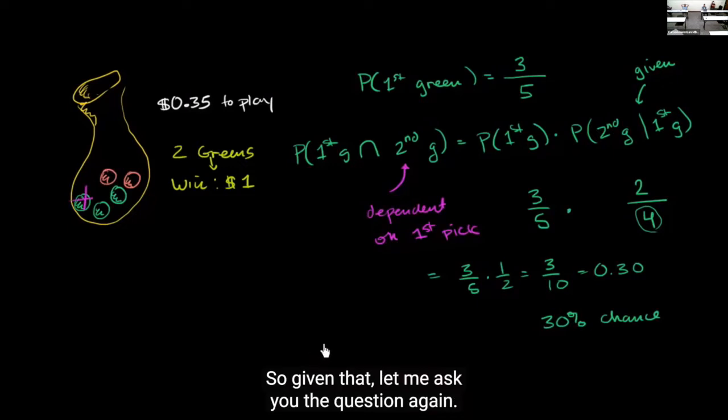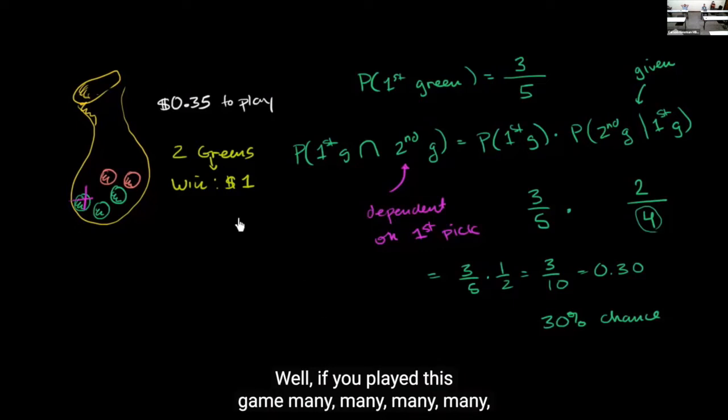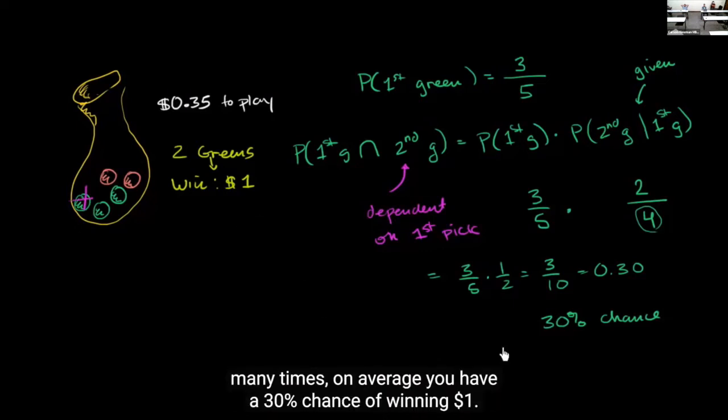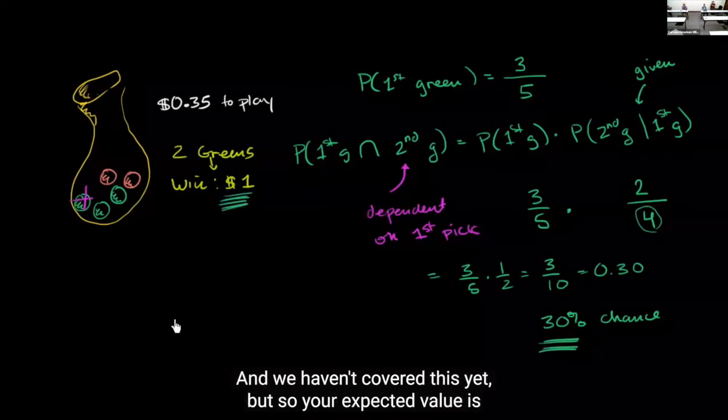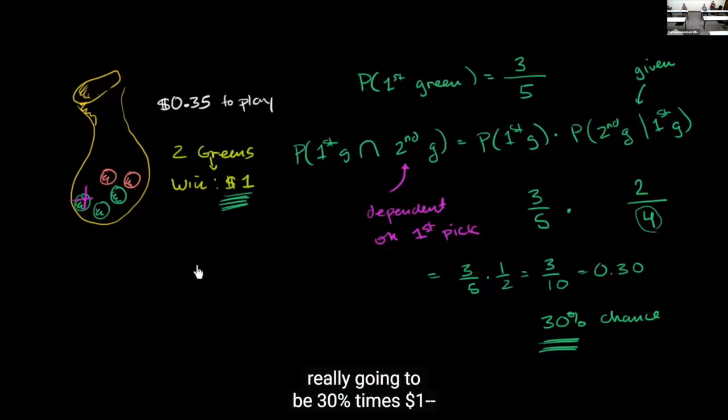So given that, let me ask you the question again. Would you want to play this game? Well, if you played this game many times, on average, you have a 30% chance of winning $1. And we haven't covered this yet, but your expected value is really going to be 30% times $1.